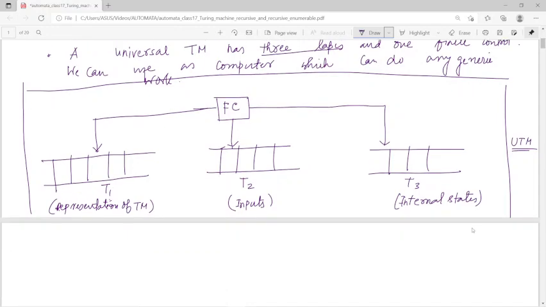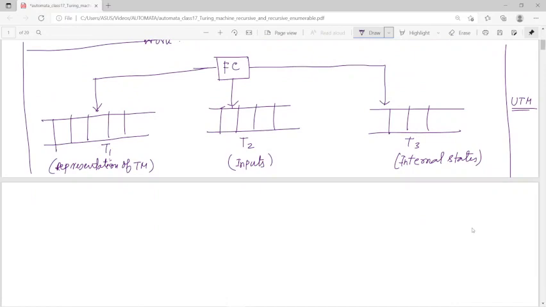Now the question is what T1 contains, what T2 contains, and what T3 contains. What does T1 contain?